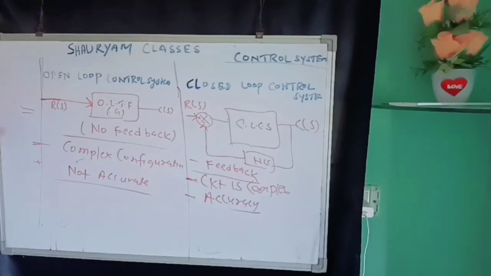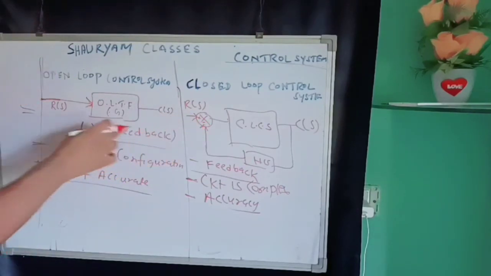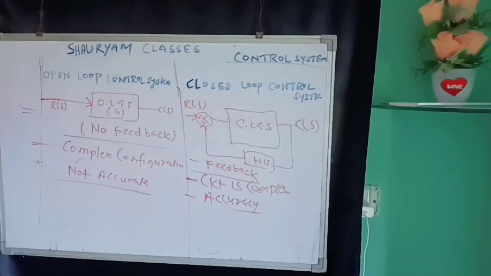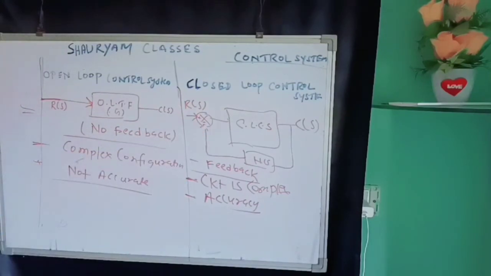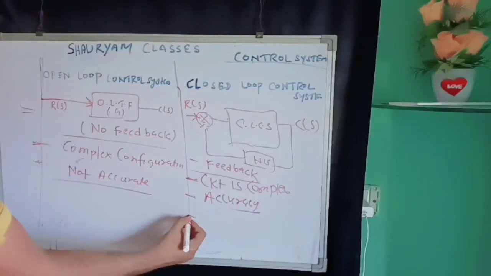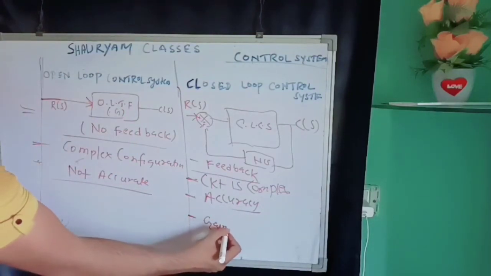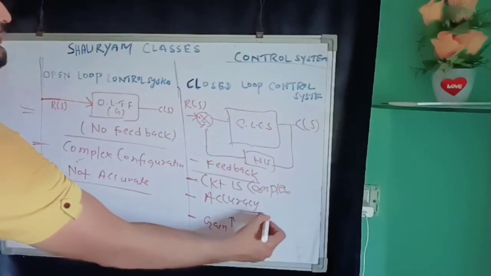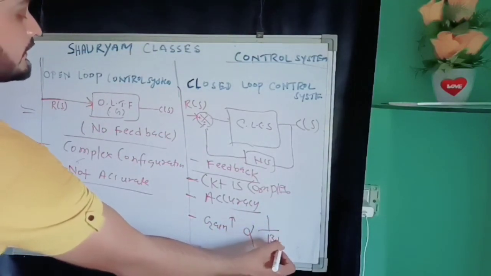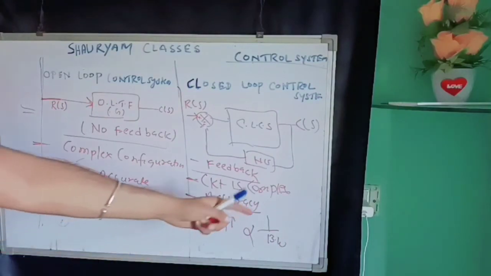Now here there is no feedback, but in case of closed loop control system there are two kinds of feedback. One is called positive feedback and the second is called negative feedback. In case of positive feedback, when the positive feedback is applied, the gain will be increased, and when the gain is increased, since gain is inversely proportional to bandwidth, bandwidth will be decreased.